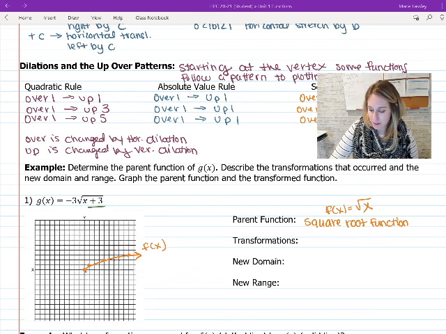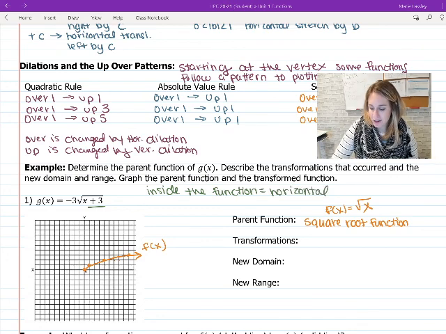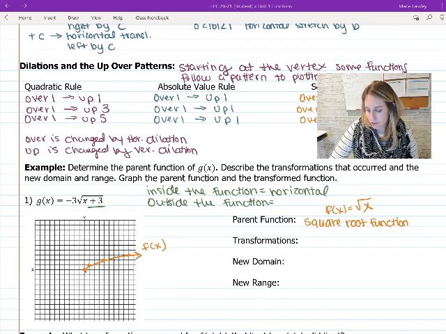So maybe remember that: inside the function is always a horizontal transformation. If it's on the outside of the function, it's a vertical transformation.